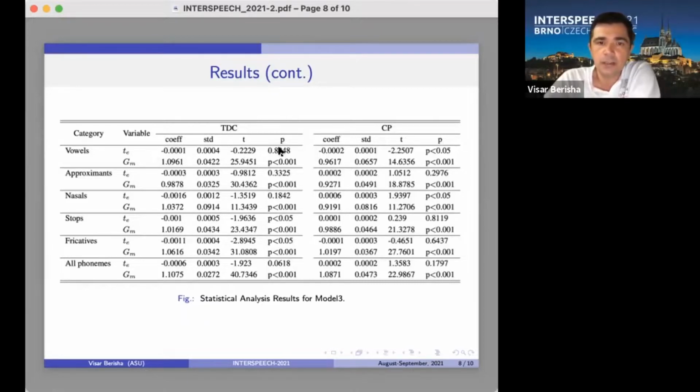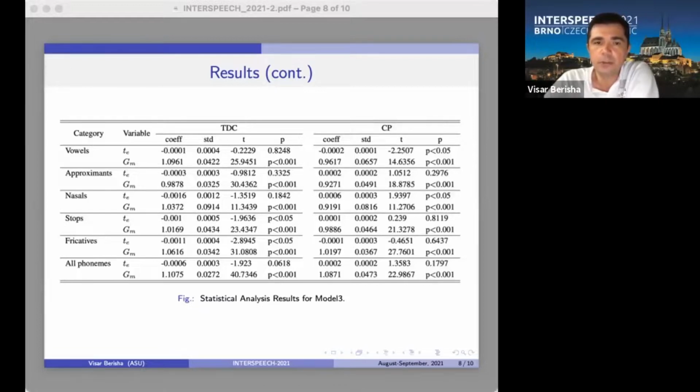So as you see from the table, in most cases, the only significant result is the one associated with GM, in other words, the acoustic deviation. So it's the acoustic deviation that's most important in predicting what the value of the GOP will be.